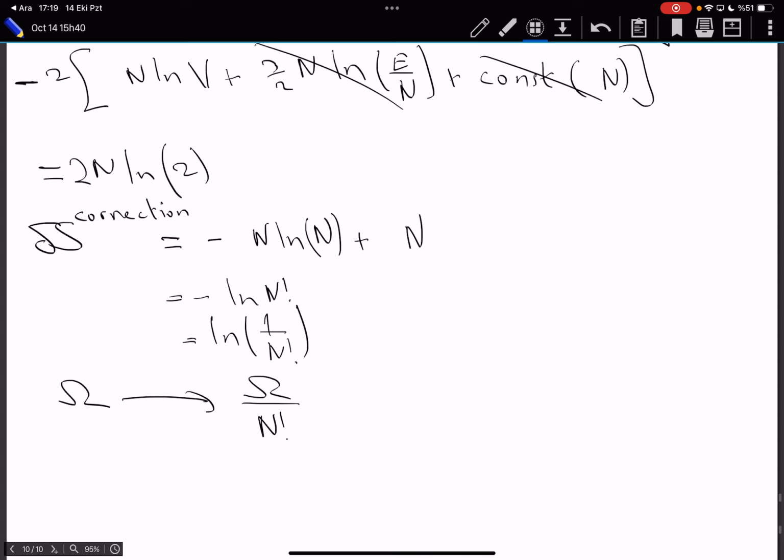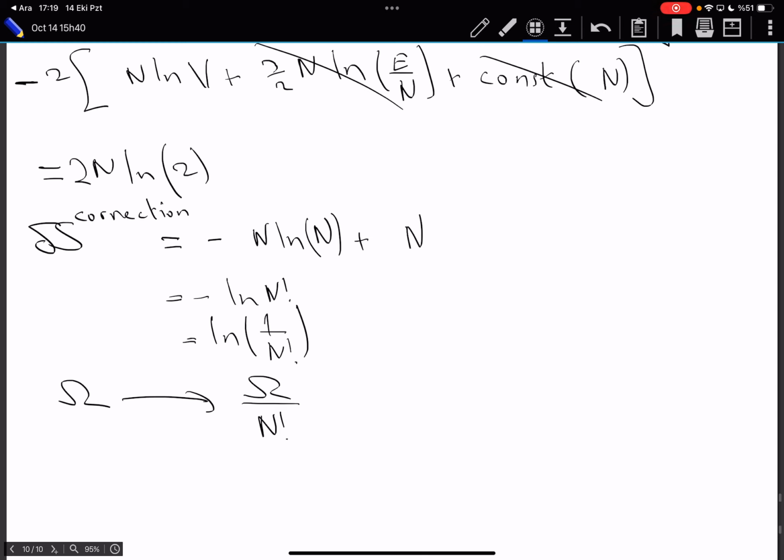So the basic idea is, if we have a system of identical particles, how can you distinguish whether one atom is over here, the other one is over here, or if you just exchange them, how do you distinguish these two microstates? Well, classically speaking, you can distinguish them because classical physics allows you to trace the position of each one of those particles. It allows you to trace the trajectory.